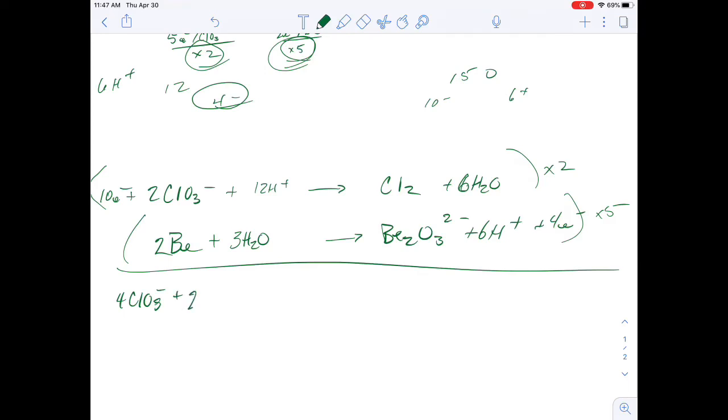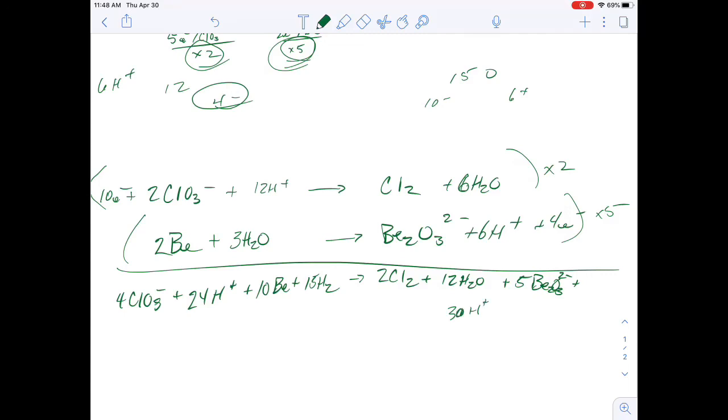plus 24 hydrogens plus 10 berylliums plus 15 waters become 2 chlorines plus 12 waters plus 5 of this beryllium species, plus 30 hydrogen ions.